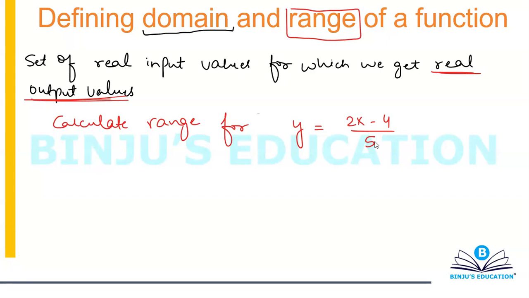Rather than calculating the range for this function directly, you can calculate the domain of the inverse function. Find the inverse of this function and then calculate the domain for that. That would be the range for y = (2x minus 4) divided by 5.